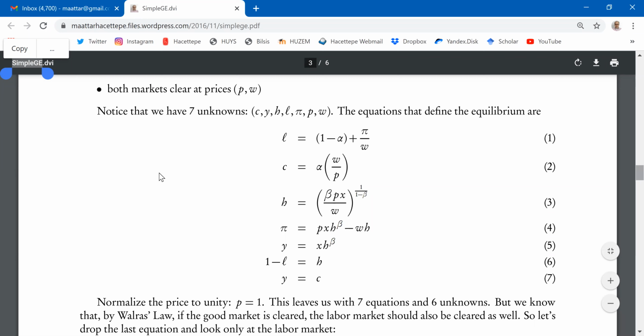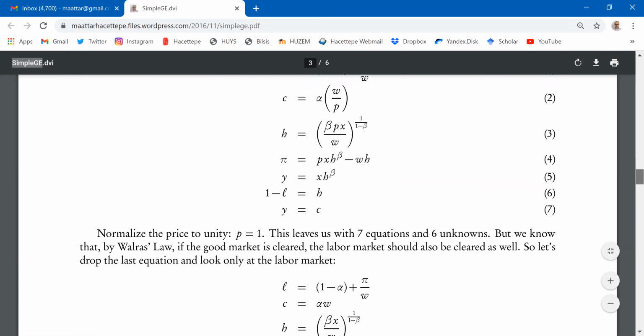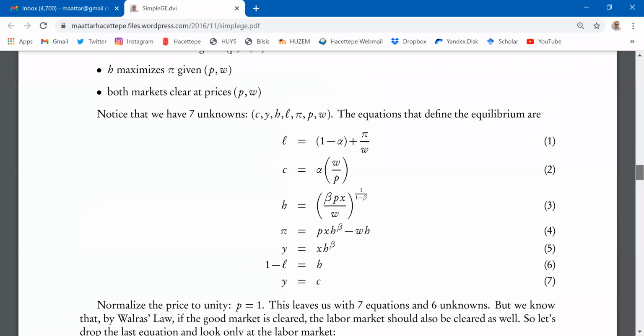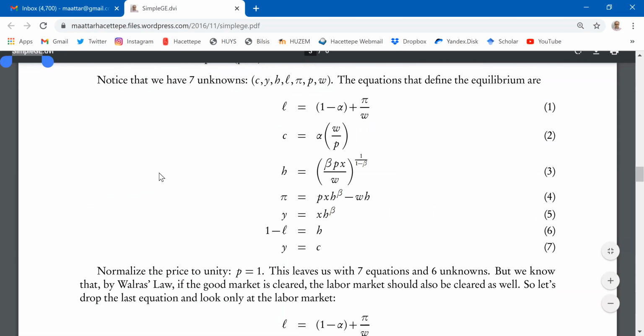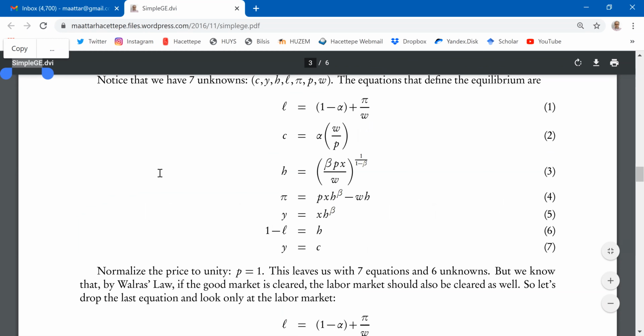Now, remember, this is a general equilibrium model. Since this is a general equilibrium model, one of the equations does not provide genuine information about these variables. Why? Because of Walras' law.